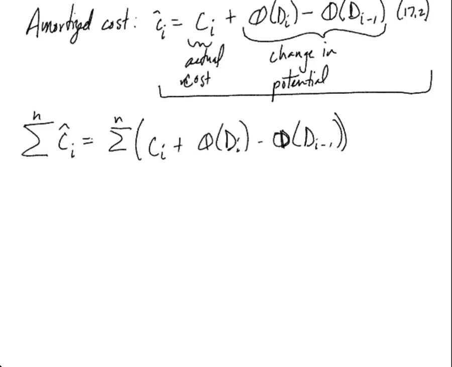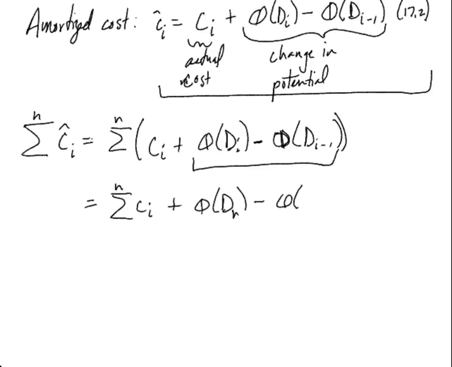Now, these terms here are going to telescope, right? So in the summation, we're going to subtract off some and add some. They'll cancel out. And so we can simplify this to the sum over n of C sub I. And then outside of the summation, we're going to add on the potential at the final state minus the potential in the original state because of the telescoping and cancellations.